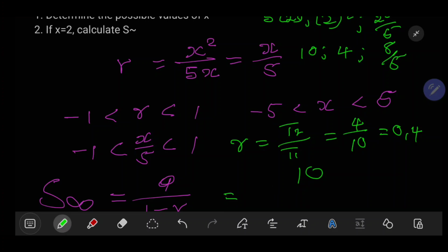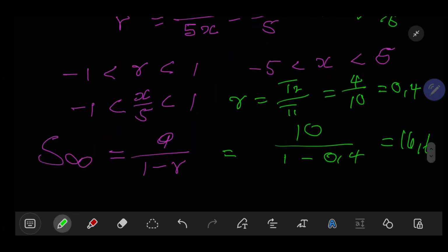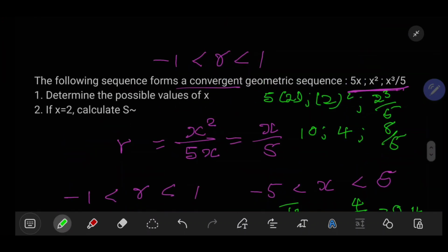When we calculate the sum to infinity, our a value is 10, divided by 1 minus our r, which is 0.4. Then you get your calculator, punch in 10 divided by 1 minus 0.4, and we get the answer to be 16.6. So this is the sum to infinity of this sequence. I hope it makes sense. So you are done with this question here.